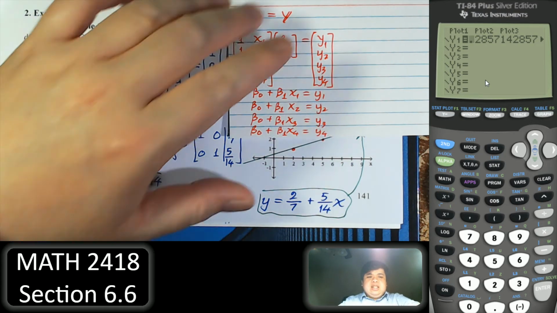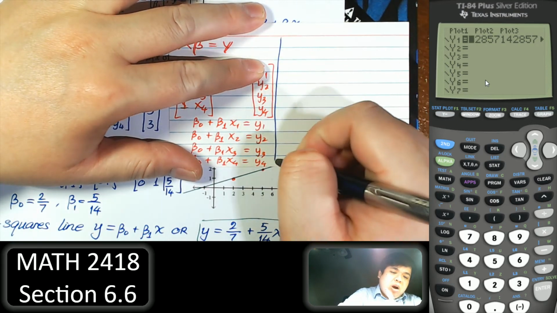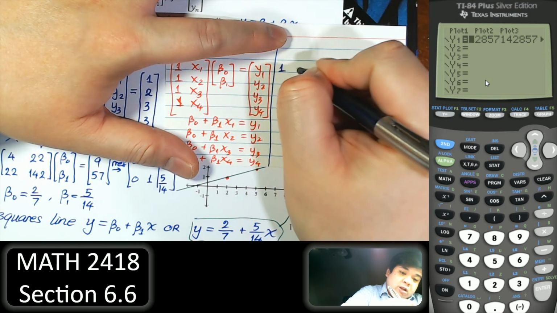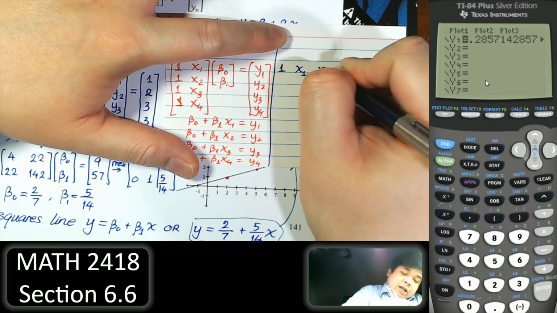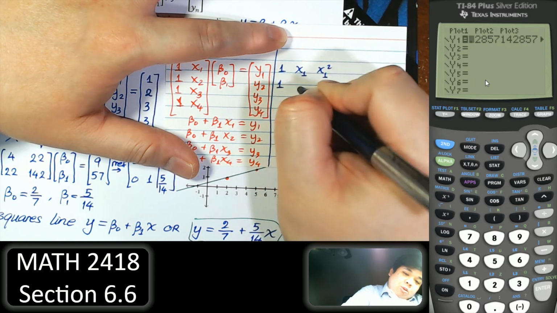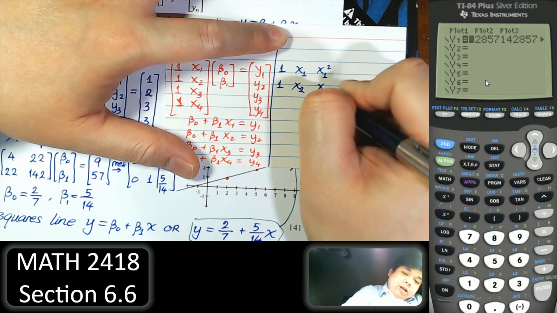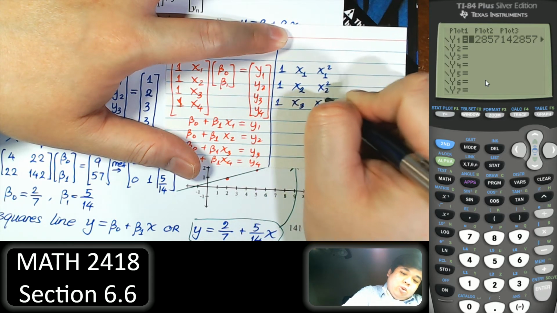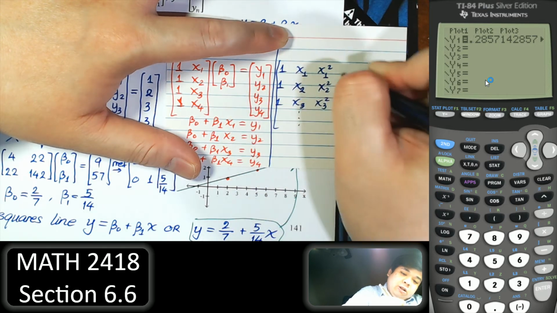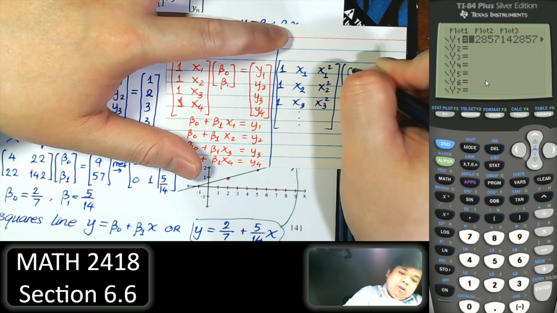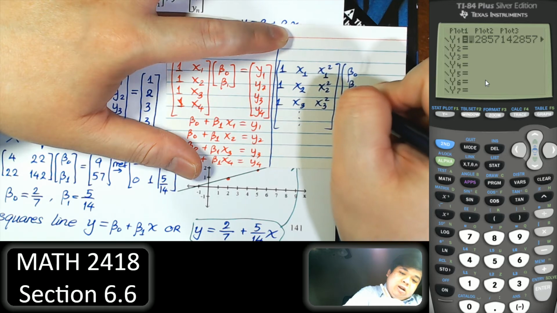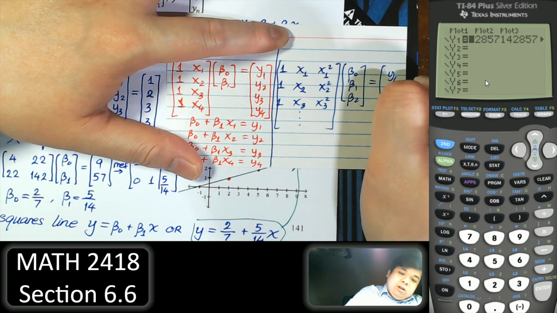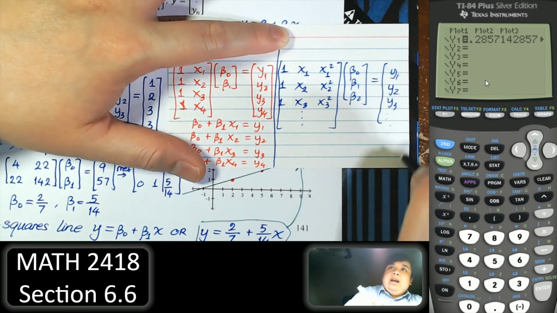Now let's say instead of the best fit line, we want the best fit curve, let's say quadratic. In that case, we'll just add one more column: x1 squared, x2 squared, x3 squared, and so on. And here we have beta naught, beta 1, beta 2 equal to y1, y2, y3, and so on.